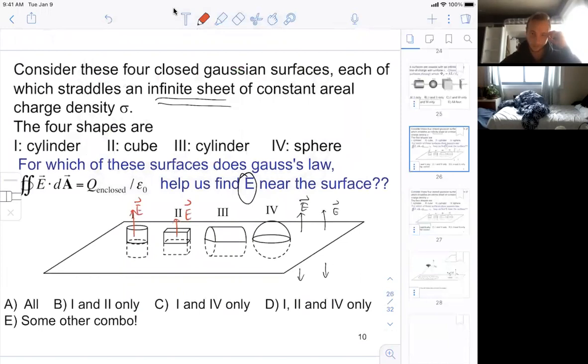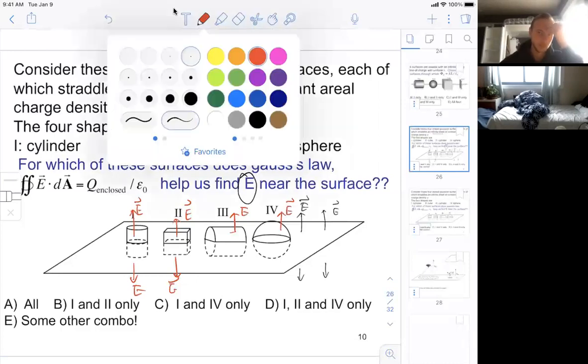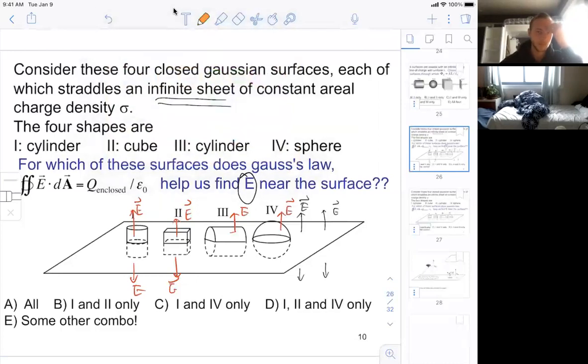This way and this way. So you can see that for both 1 and 2, our top surface is flat, so our dA is also pointing up.